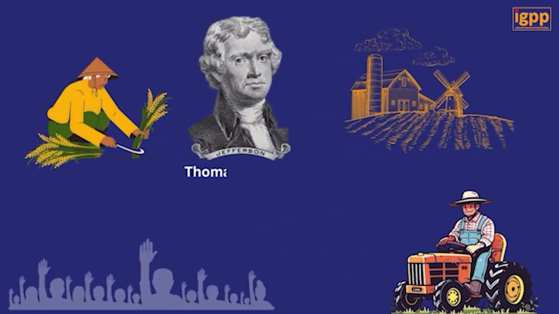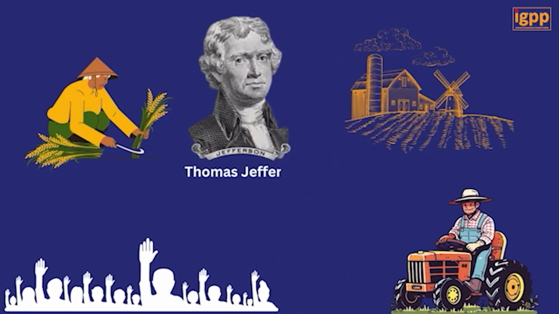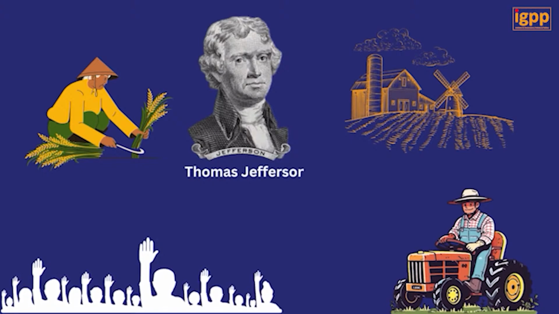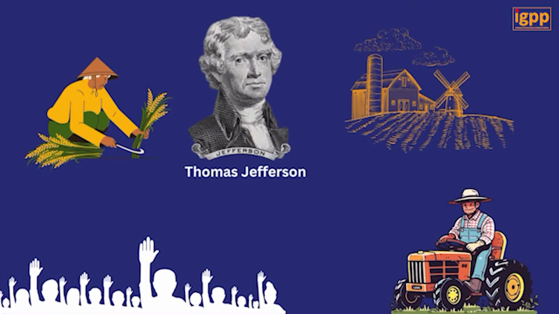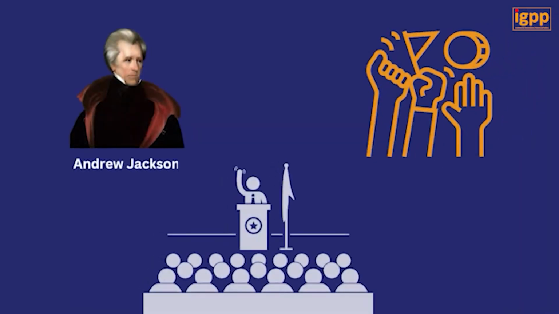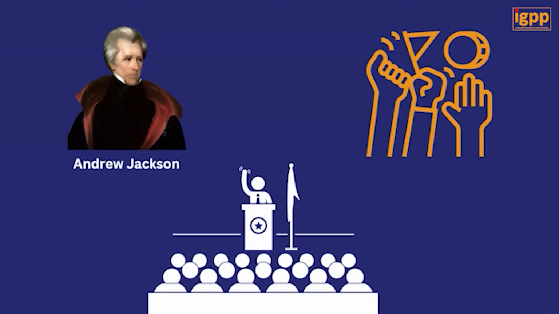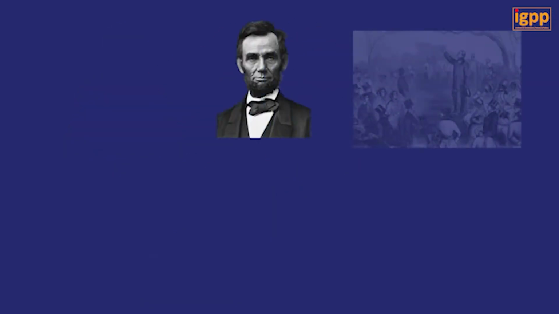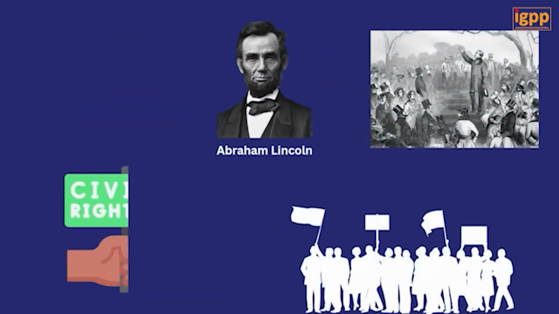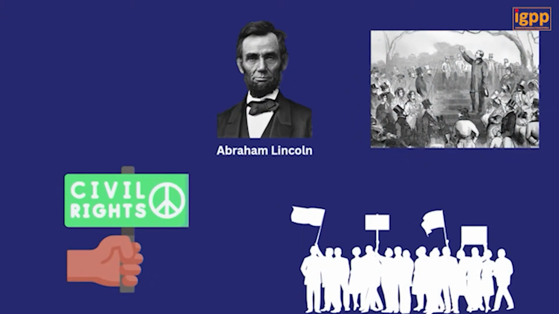Thomas Jefferson, on the other hand, championed states' rights and agrarianism, laying the groundwork for the Democratic Republican Party. Andrew Jackson's presidency marked the rise of populism and reshaped the Democratic Party. Abraham Lincoln solidified the Republican Party's commitment to abolitionism and civil rights during the Civil War era.